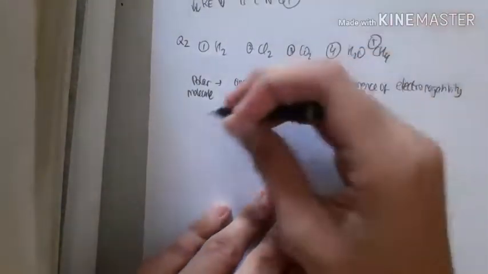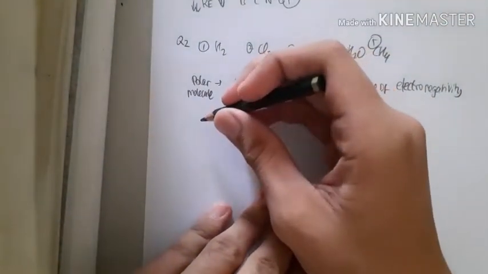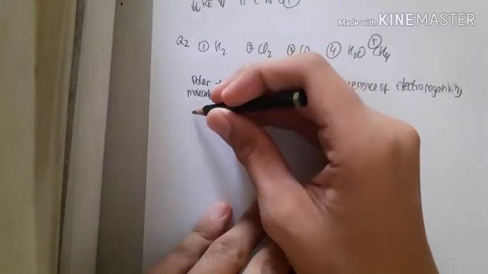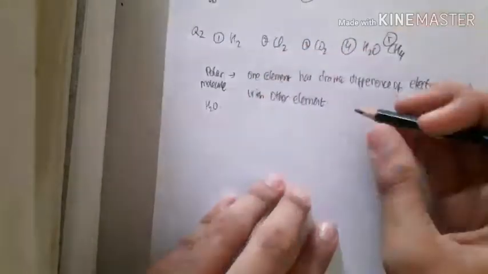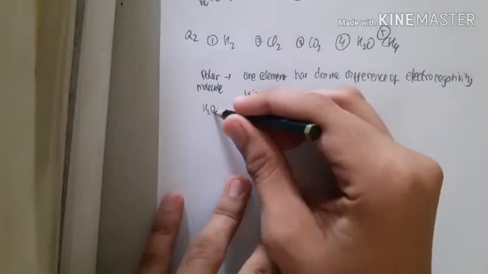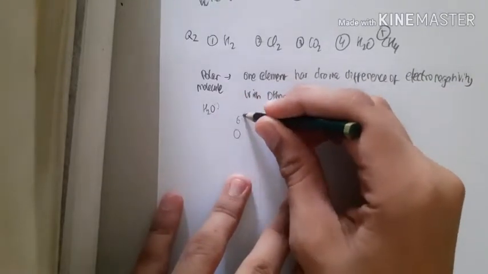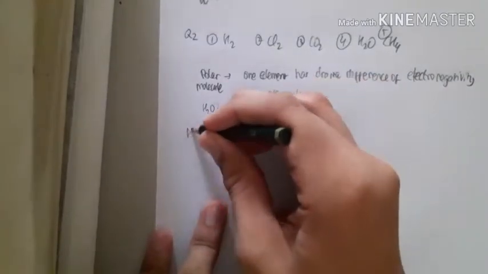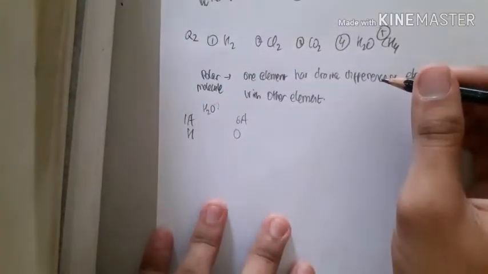What it means is, let's say we have water here. You see that oxygen is placed in 6A, right? And H is placed in 1A in the periodic table.